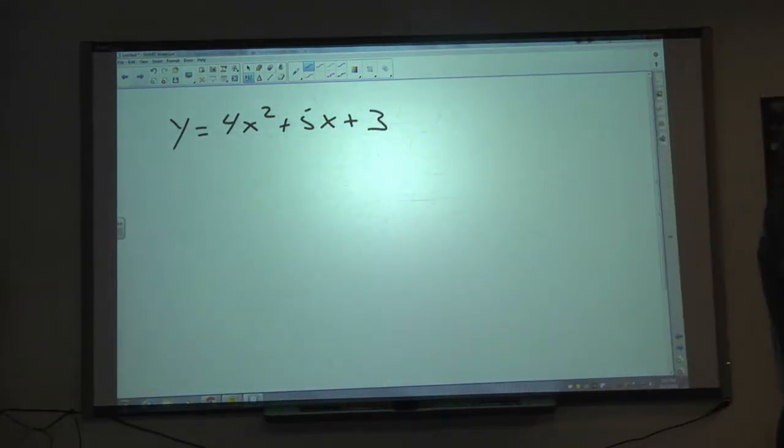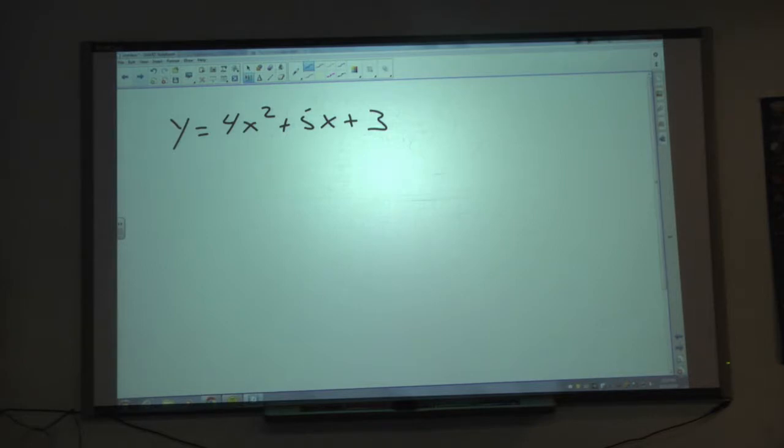We got 1 yes and 2 nos. What do you think, Tyree? It's a quadratic, it's a function. So this side says yes, this side says no, and in this case, this side is correct.